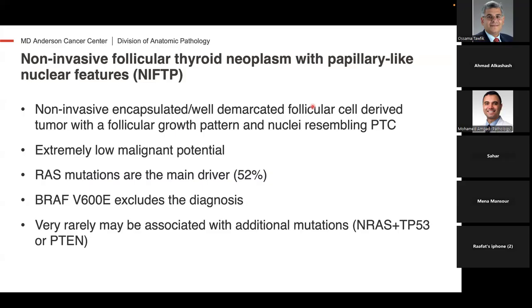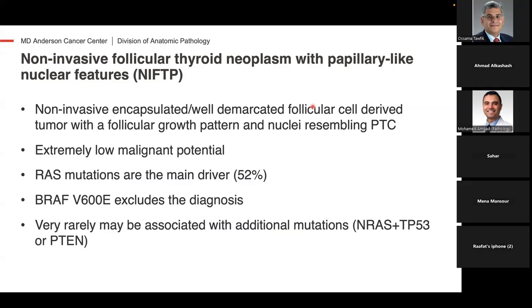RAS is the main driver for NIFTP. About 52% of NIFTPs have RAS mutations, but this is not specific to NIFTP, right? You can have it in follicular adenomas, follicular carcinomas, and I'm going to show you a nice table after this. BRAF V600E basically excludes the diagnosis. So if you do have a ThyroSeq or Afirma result with BRAF positivity, then you can't call it NIFTP.